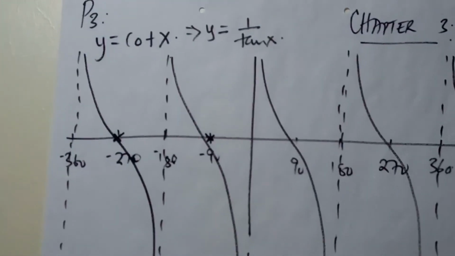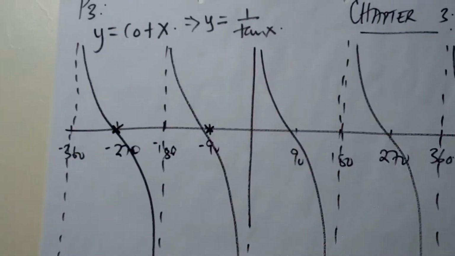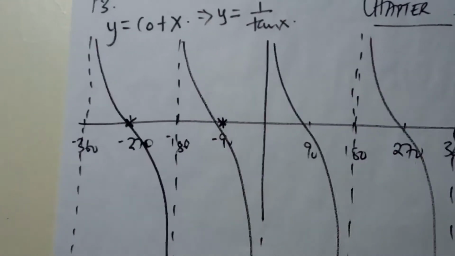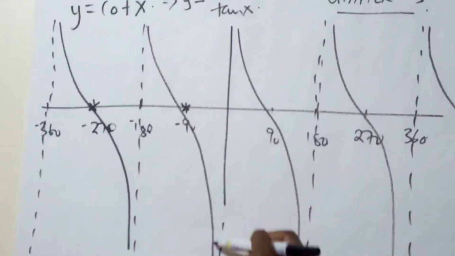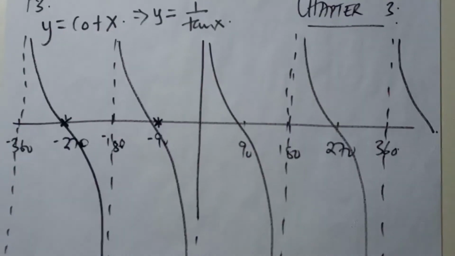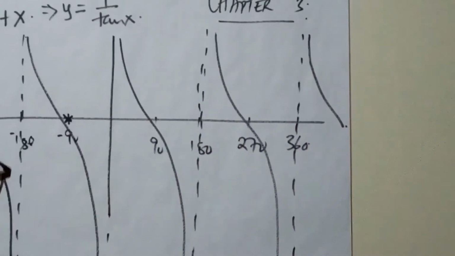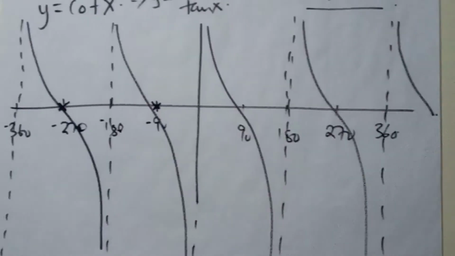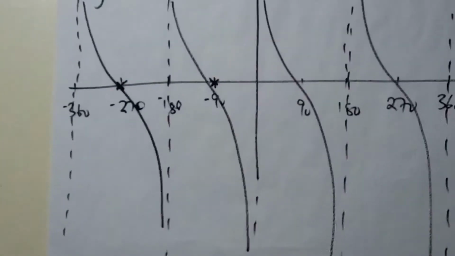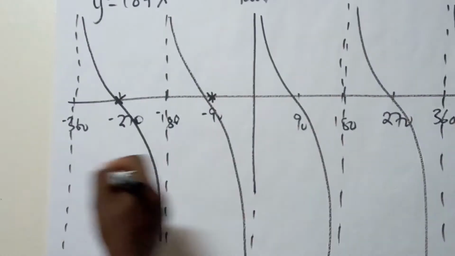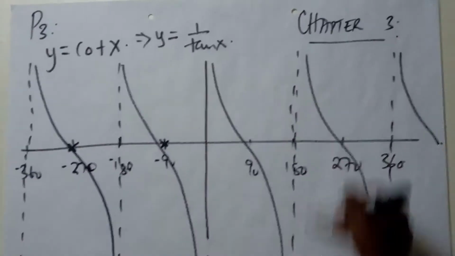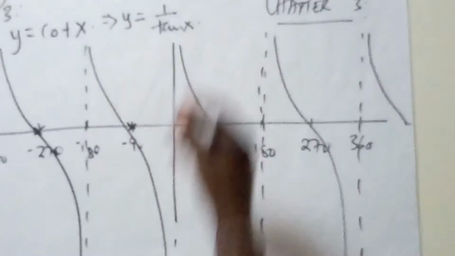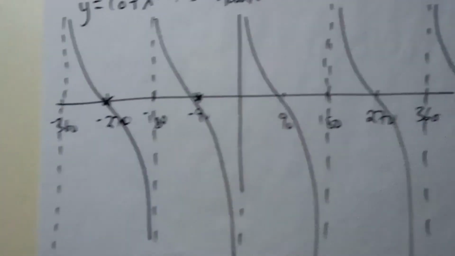But in radians, the domain is any real number again. And of course, x is not going to be 0. x is not going to be 180. x is not going to be 360. A multiple of 180, starting from 0 to the left and even to the right, because at that particular point, there is no specific value of y.